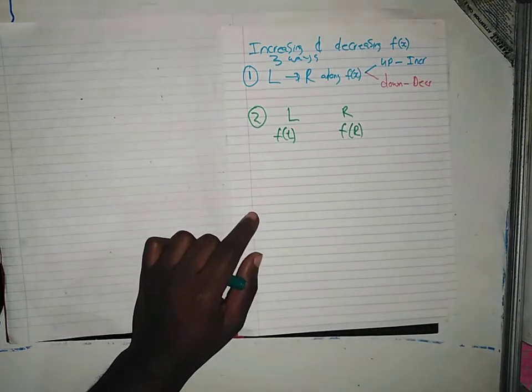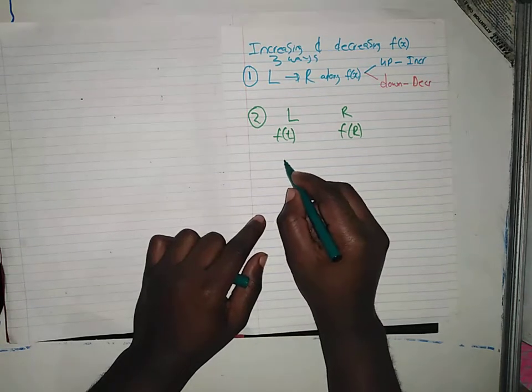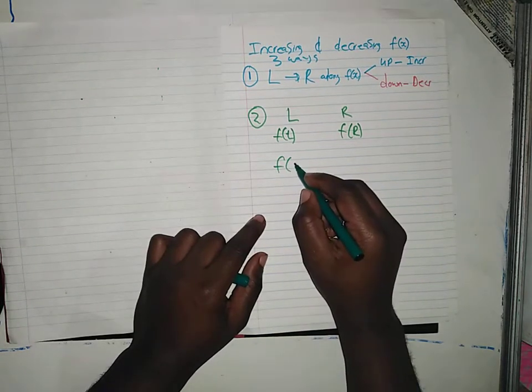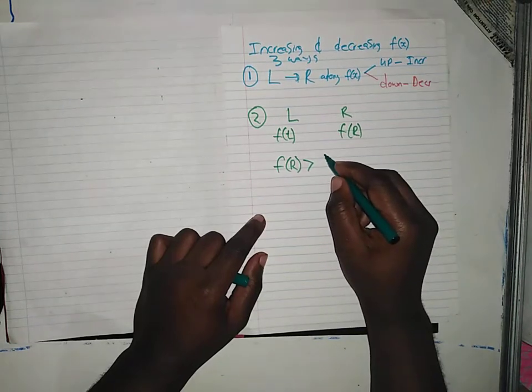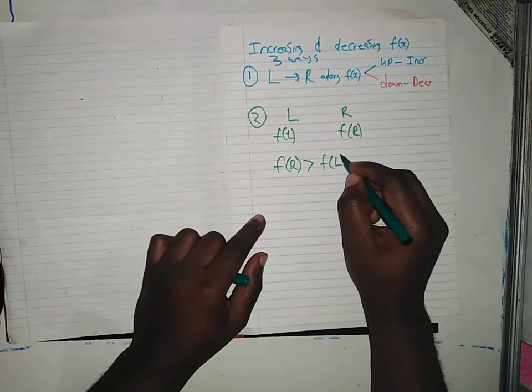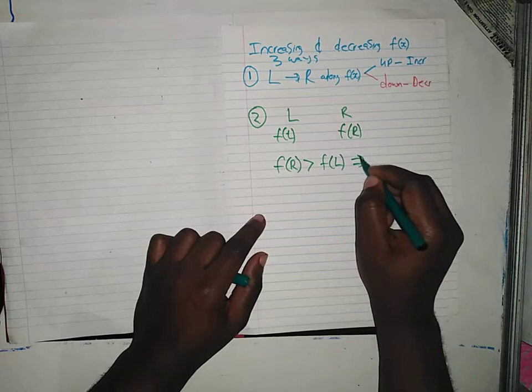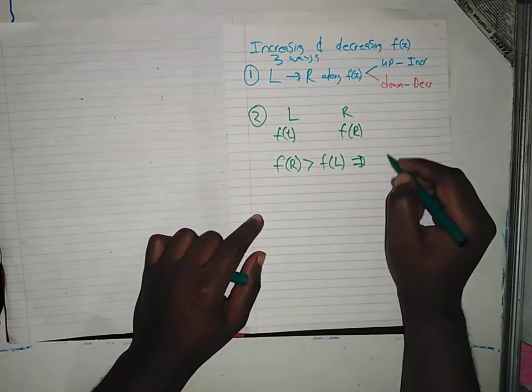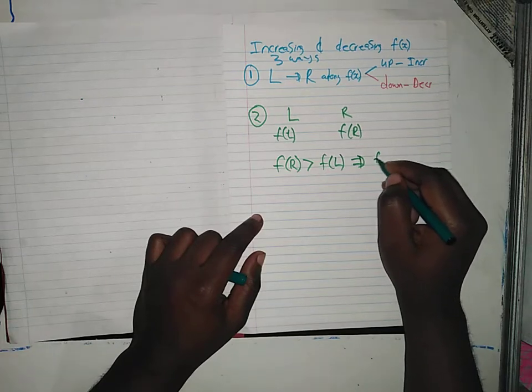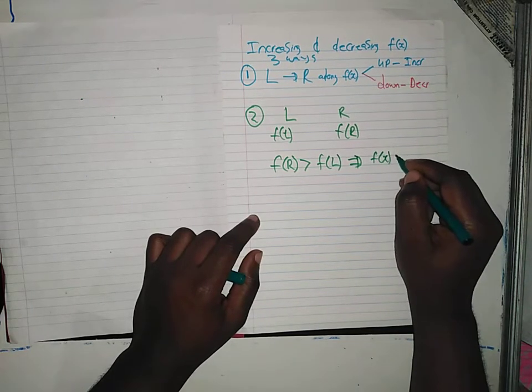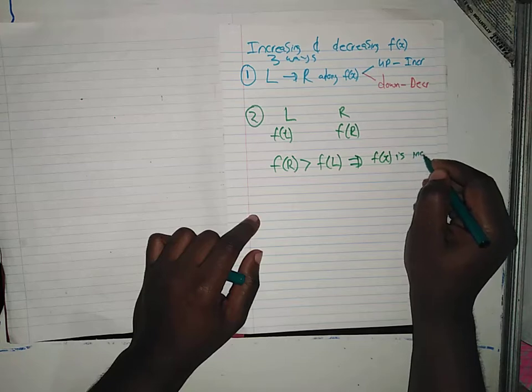If f at the right is greater than f at the left, then we know that f of x is increasing.